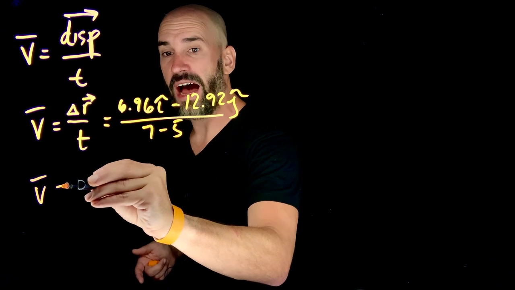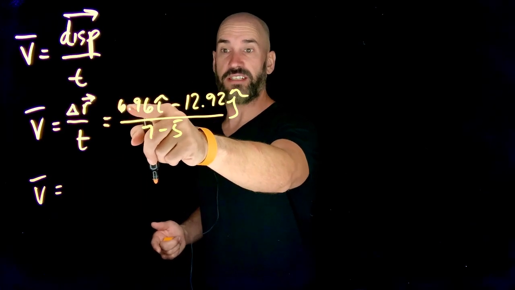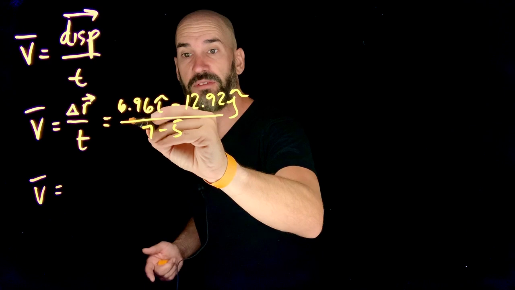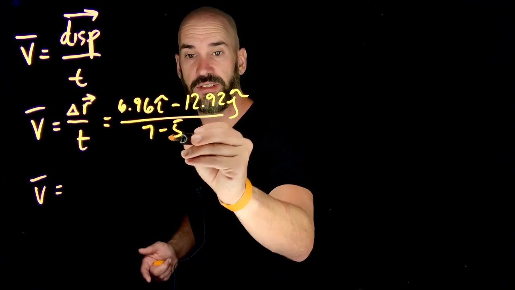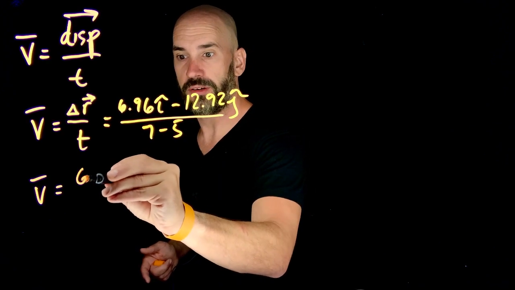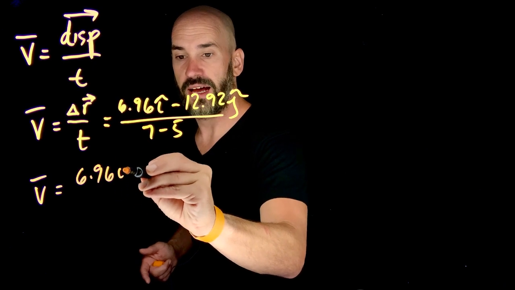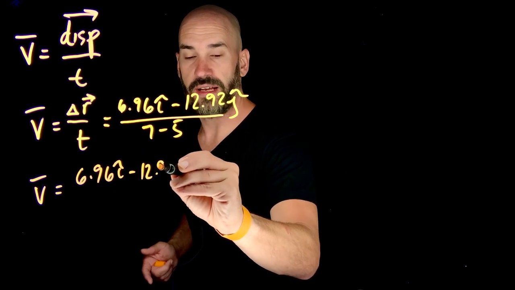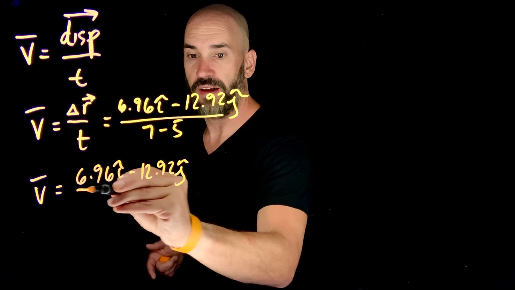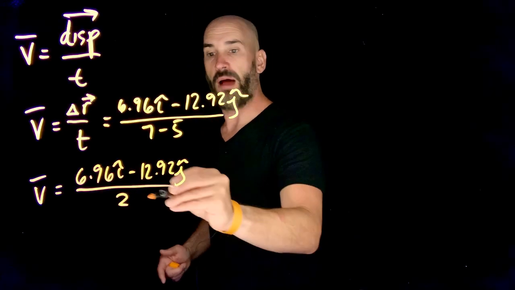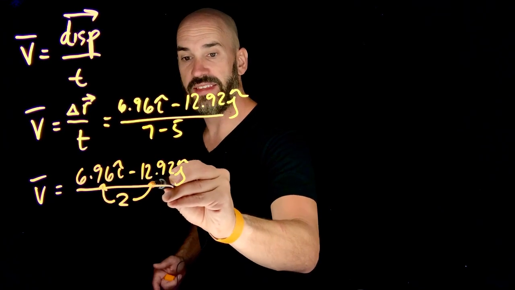And so I take 6.96 divided by 2. You have to divide each of these components by 2. So I'll rewrite it here: 6.96 i minus 12.92 j, divided by 2. I want to divide this one by 2 and this one by 2.